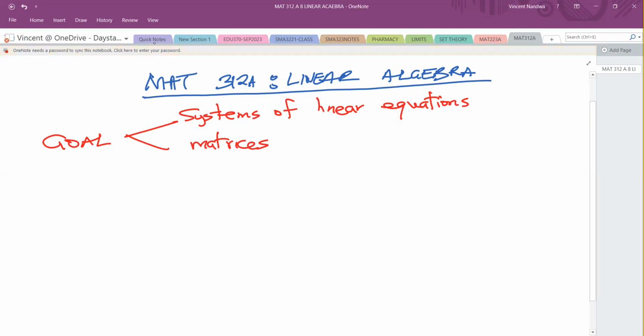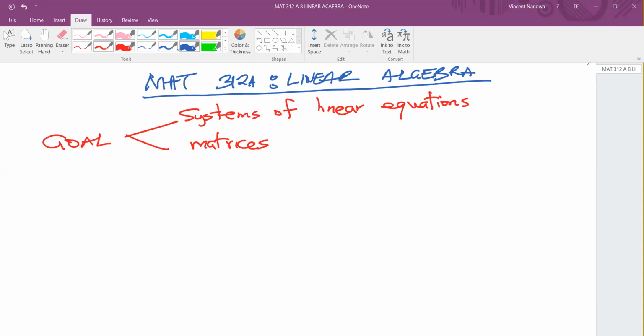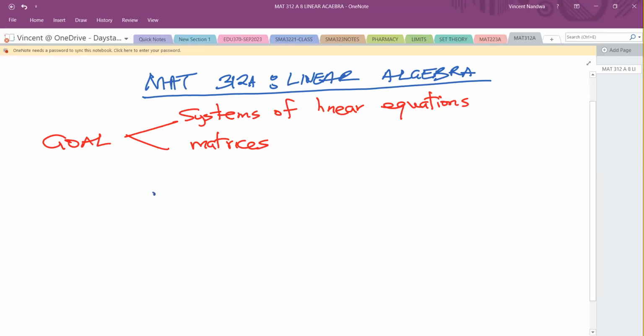The first chapter is systems of linear equations.